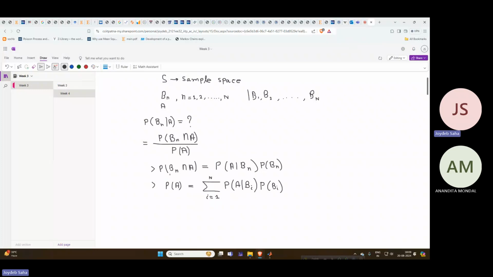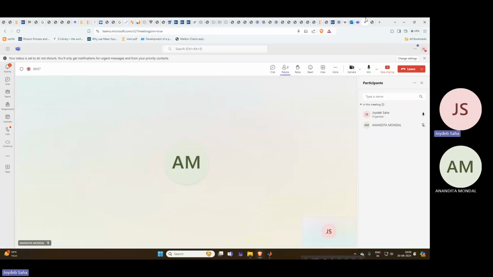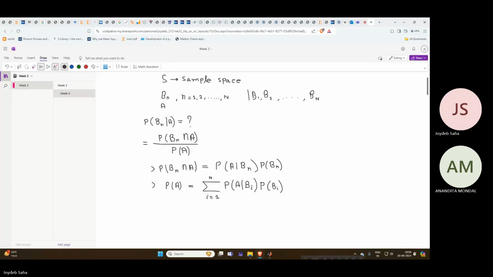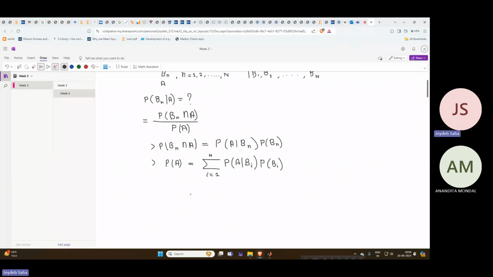Up to this, is it clear? Okay, so I am considering that it is clear till now.